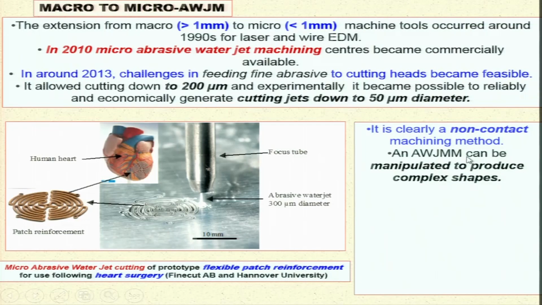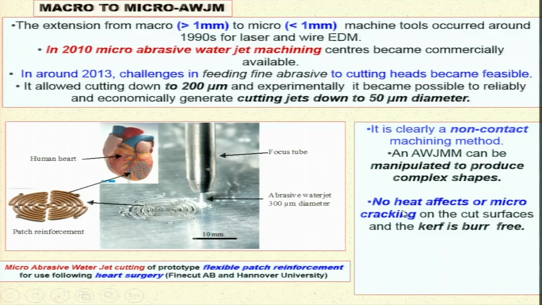And abrasive water jet micromachining can be manipulated to produce complex shapes. This is a very important requirement, how to create complex shapes on different types of material. It does not matter whether electrically conductive or non-conductive, because this is the beauty of this particular process, that it can be applied for all kinds of materials.